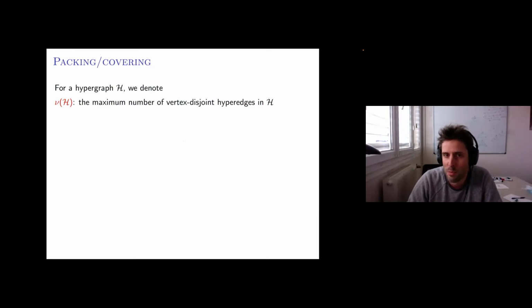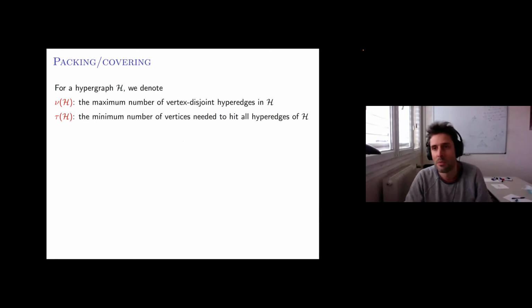This is the maximum number of vertex disjoint hyperedges in your hypergraph. And tau, the transversal number, is the minimum number of vertices that you need to hit all hyperedges of your hypergraph. So the minimum number of vertices in a set S, such that each hyperedge contains an element of S.